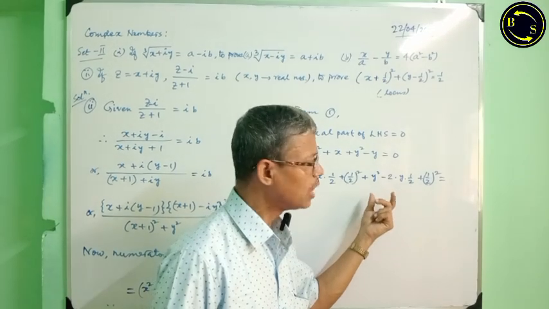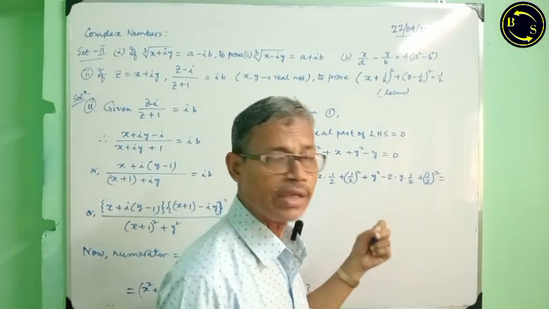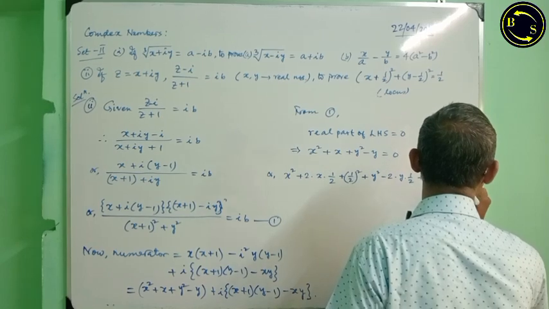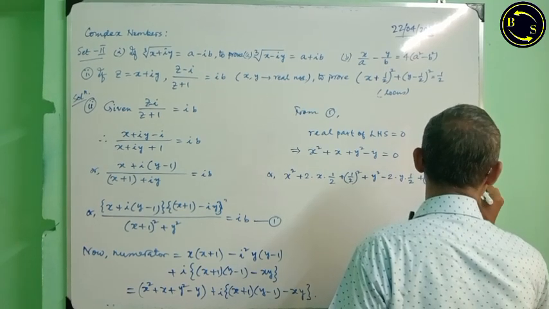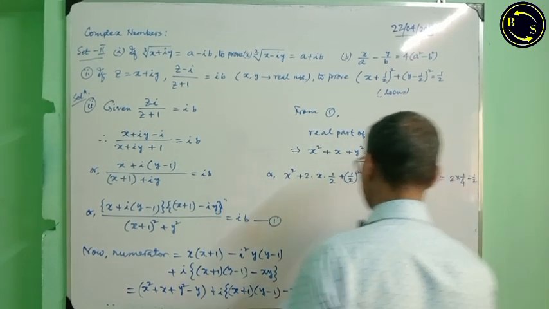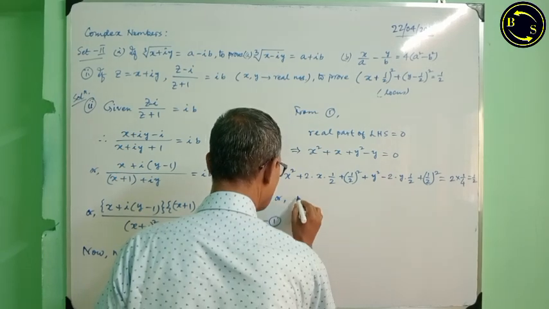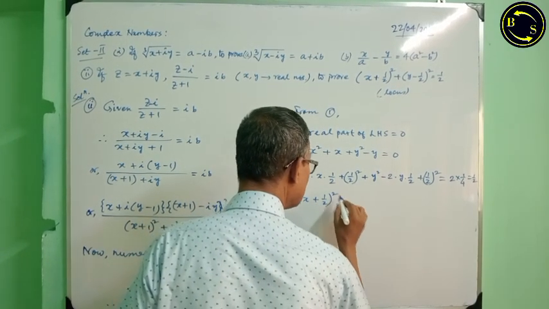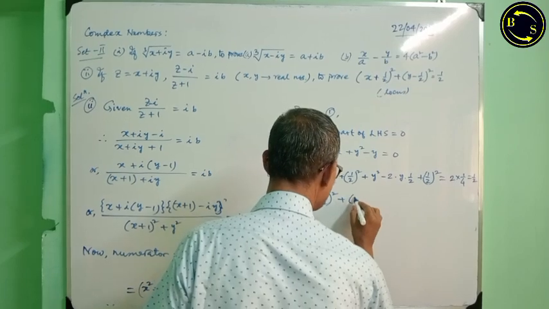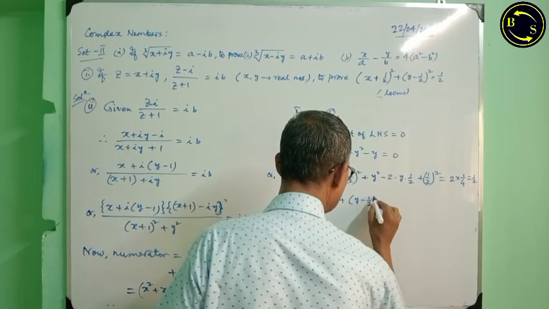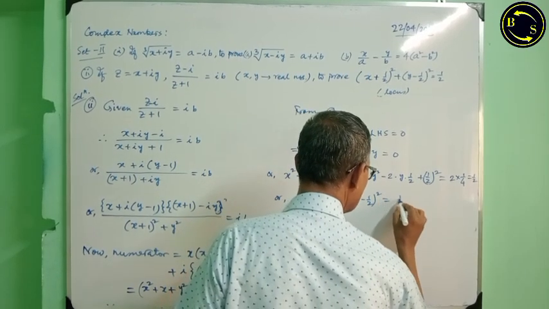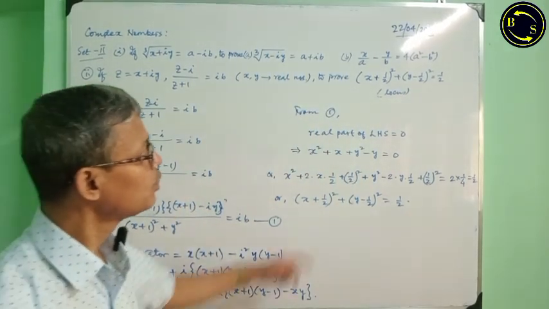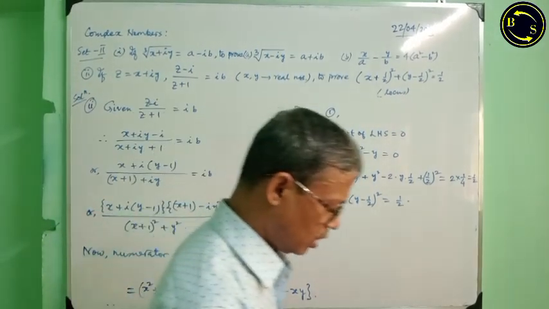These two terms have been taken in extra. Therefore, for adjustment we have to write 2 into 1/4, that is half, or (x plus half) whole square plus (y minus half) whole square is equal to half. Therefore, we get that relation.